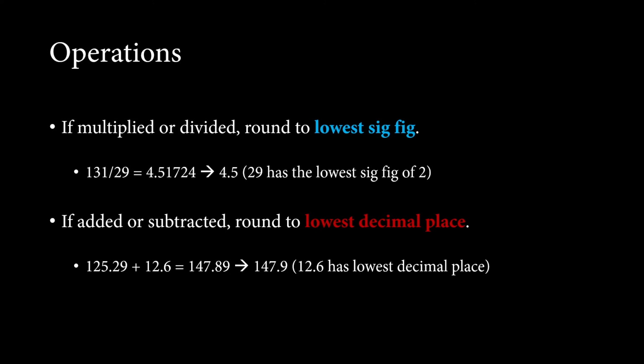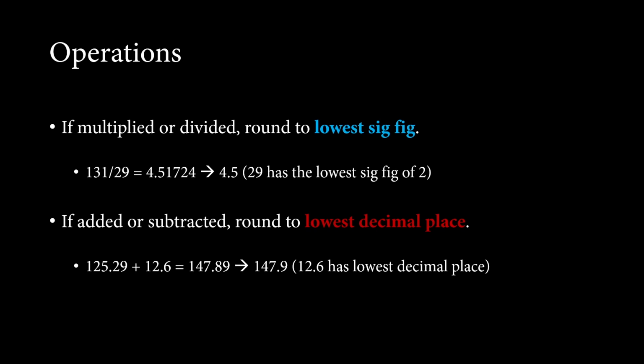Lastly, I want to cover operations, and more specifically what to do when the number of significant figures is inconsistent throughout your calculations. For example, if multiplied or divided, you round the final result to the lowest significant figure. Say you divide 131 by 29, and you'll get a very precise number of 4.51724.